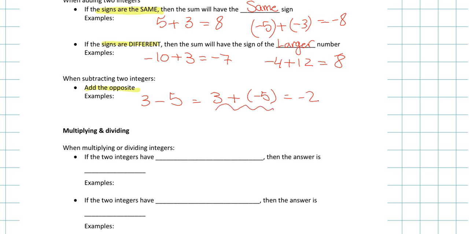What you have to remember is that if you are subtracting a small number minus a big number, your answer is going to be negative. You're on the 3rd level, you're going down 5 levels. You're going to be underground, right? Are we okay with this? Okay.